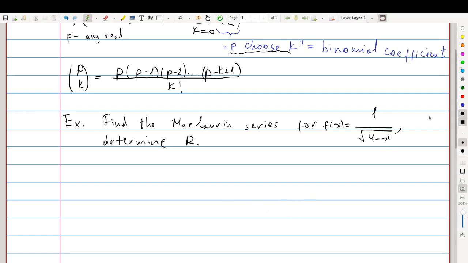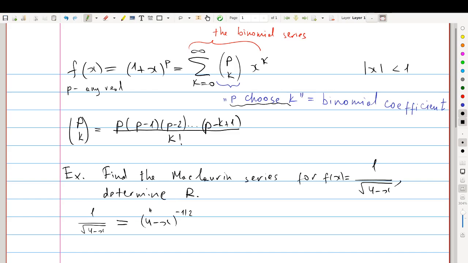So, to begin with, I want to observe that the function we have here can be written as follows. Think of this expression as (4 - x) to the power minus 1/2. Then let us compare this expression with what we had previously.